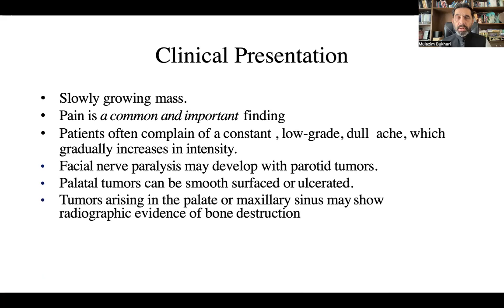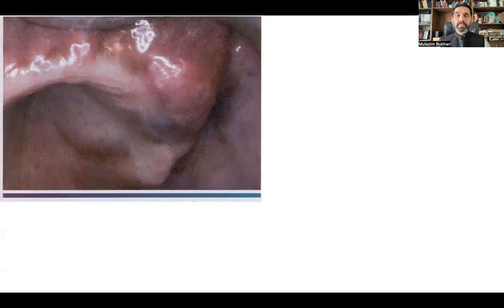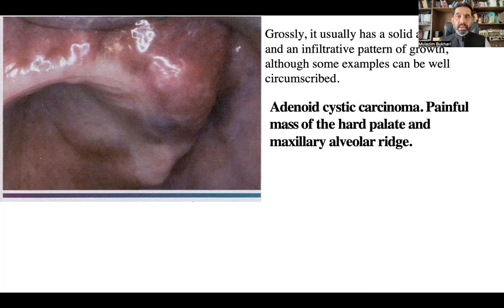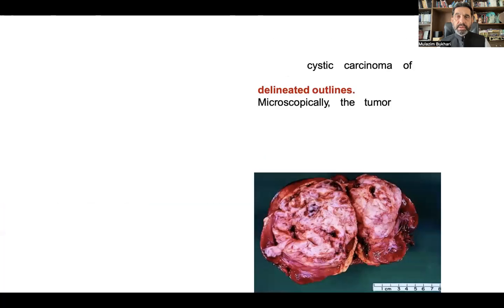A tumor arising in the palate or maxillary sinus may show radiographic evidence of bone destruction. This is a tumor arising from the soft palate, hard palate. This looks smooth, but with ulcerations. Adenoid cystic carcinoma.